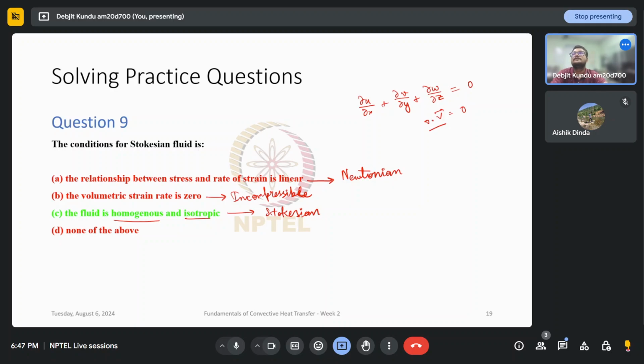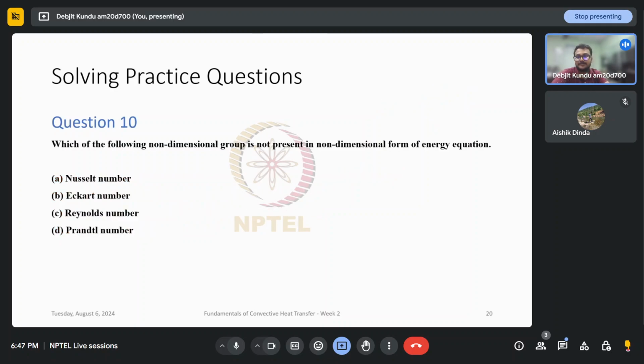Okay. So moving on to the last question. This is asking us which of the following non-dimensional groups is not present in the non-dimensional form of the energy equation? Is it option A, Nusselt number, option B, Eckert number, option C, Reynolds number, or option D, Prandtl number? So yeah, option A, Nusselt number.